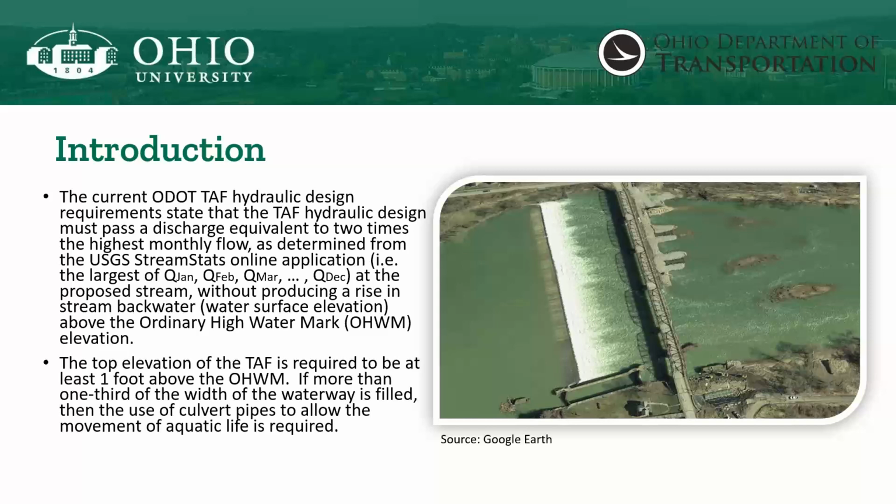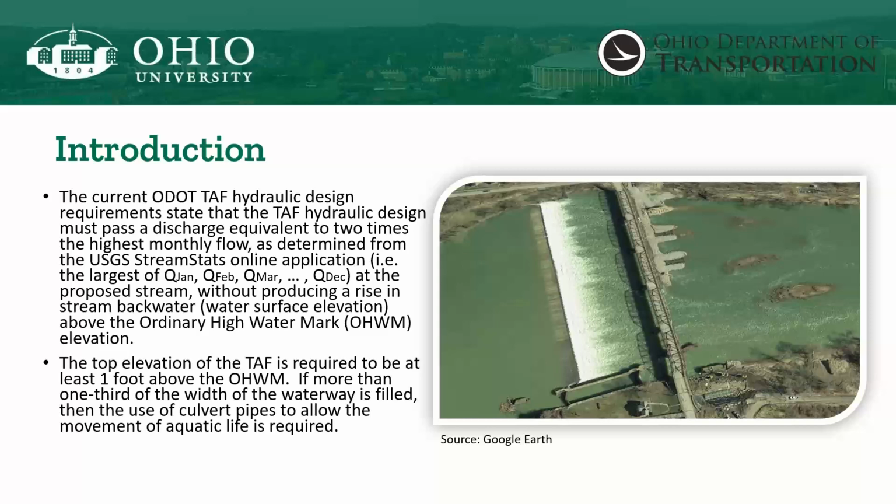That would be the design flow. Using that design flow, when putting the TAF in the stream in the planning and design stage, you have to ensure that it will not create a rise of backwater above the ordinary high water mark. So that's the current design requirement.